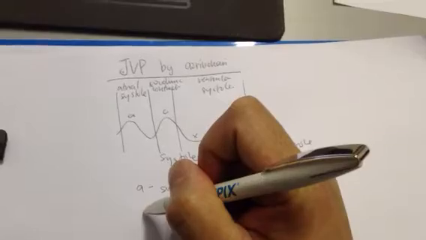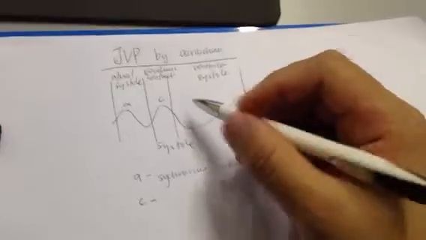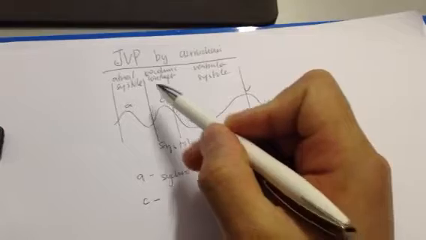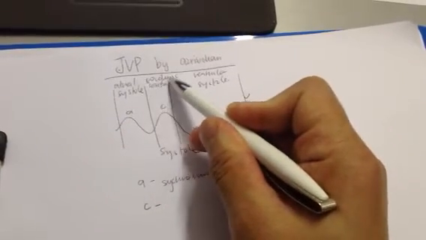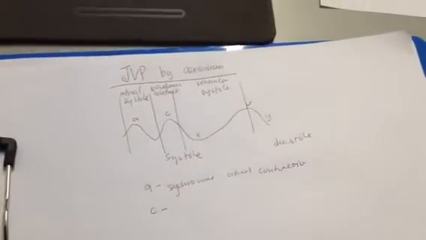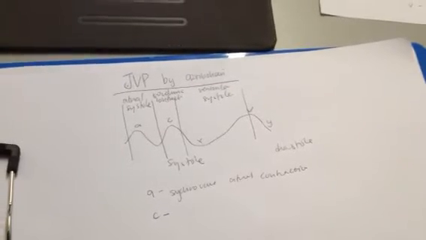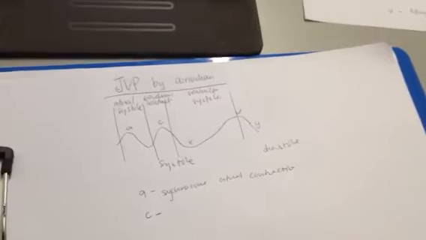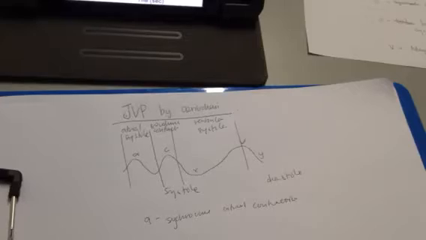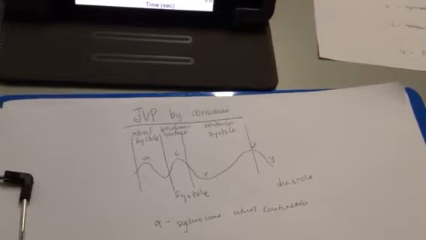Okay, C is a wave produced when the tricuspid valve is bulging. So if you remember from physiology, isovolumic contraction is when the ventricles contract, but there is no ejection of the blood yet. So after the atrial blood goes into the ventricles, you have atrial contraction.